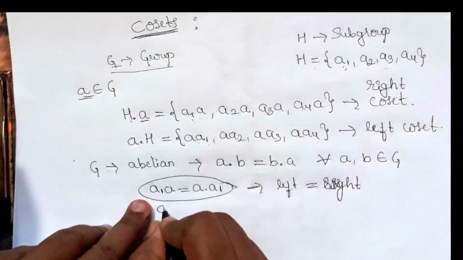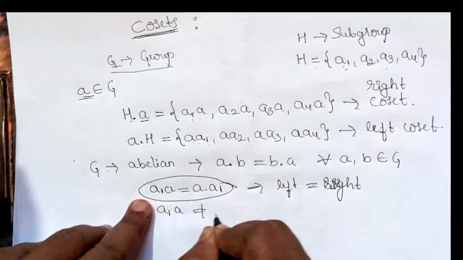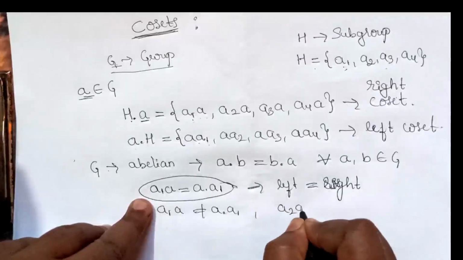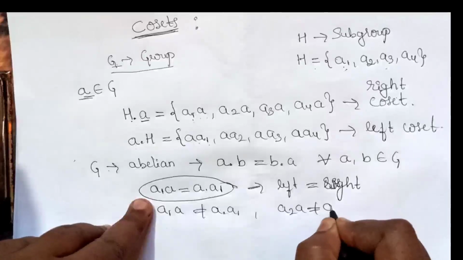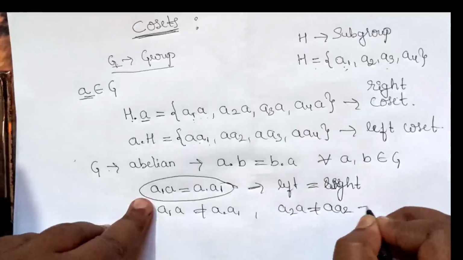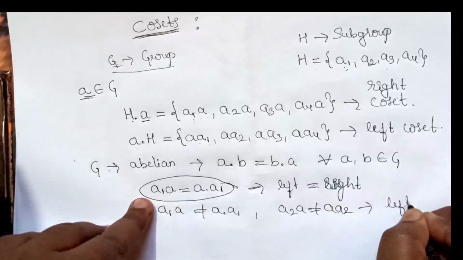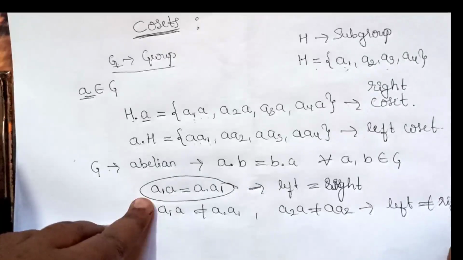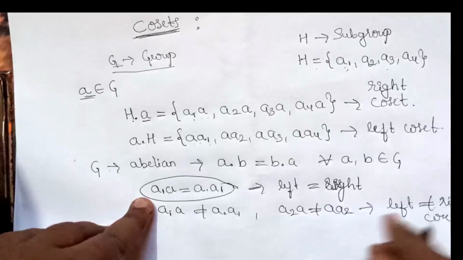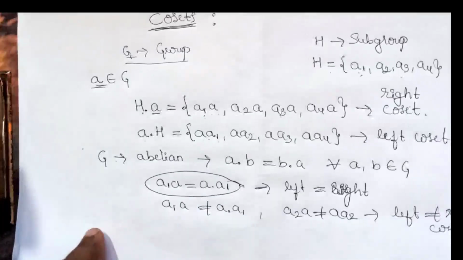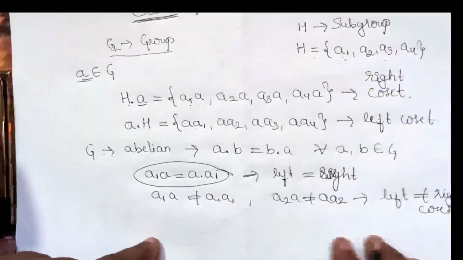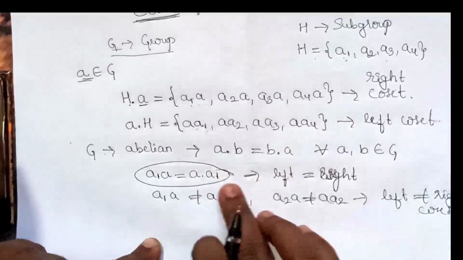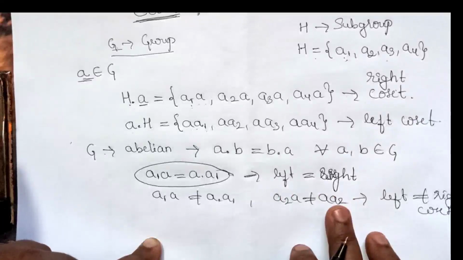Otherwise, a1a is not equal to aa1, similarly a2a is not equal to aa2, so the left coset is not equal to the right coset. Now you got the point. Right cosets and left cosets are equal only when group G is abelian. Otherwise these two are unequal.